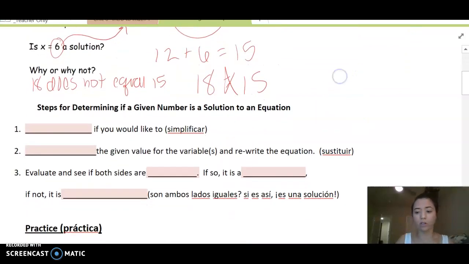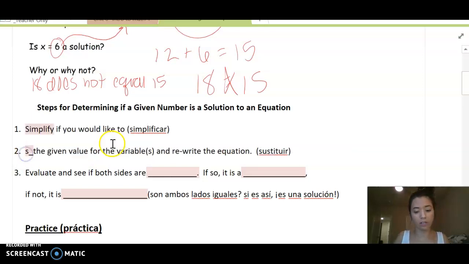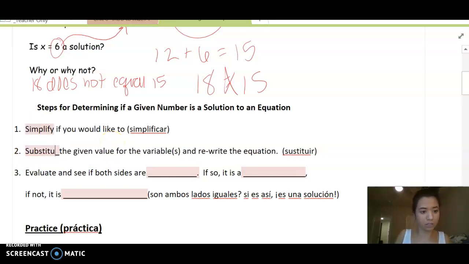All right, so we're going to go through some steps to determine if a given number is a solution. So step 1 is going to be simplify, if you would like to. And then we are going to substitute the given value.